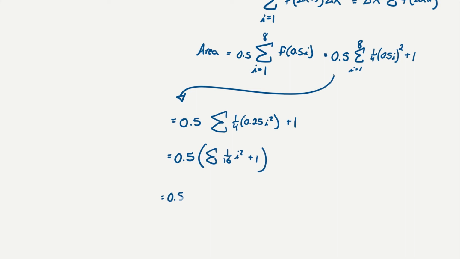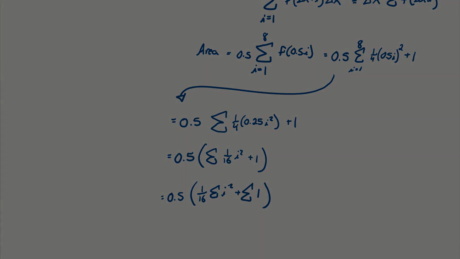And that would be 0.5 times, we can take out that 1/16, so it's the summation of i squared, and we can split up our summation. Now I have this, and at that point, you can put in the formula for i squared, and we can actually find this sum right now.